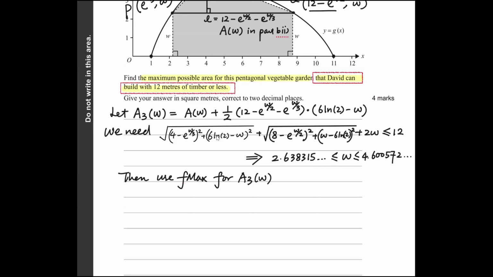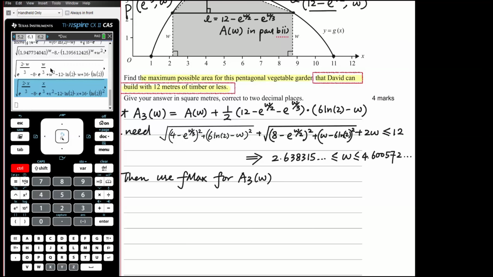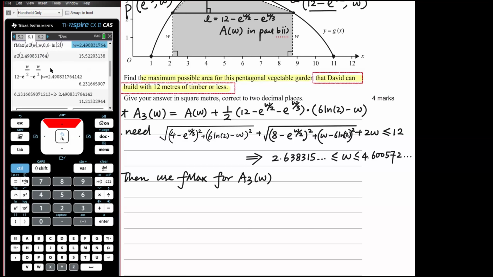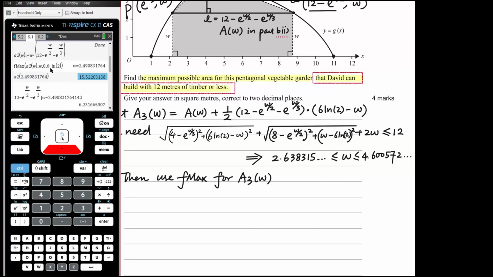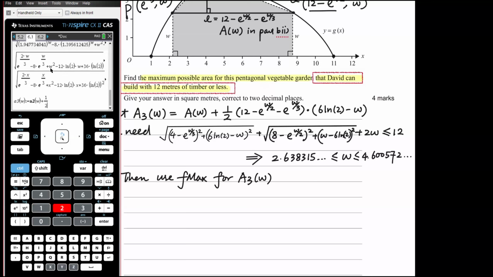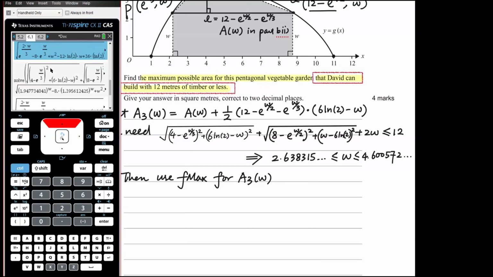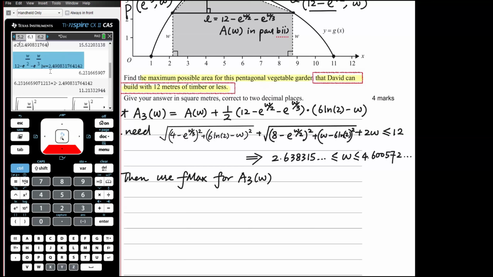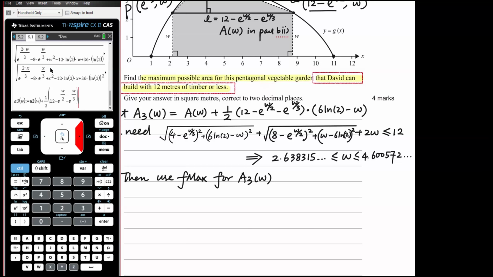Okay, A3W. I haven't defined A3W. I should do that now. I do have A2W. Good. So A3W is assigned to A2W, which I defined before, plus half. I think I had that expression. Yep, just this expression. That is the length times 6 natural log 2 minus W.